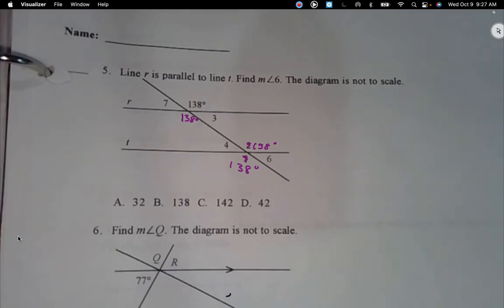Angle 6. It is not 138, so what does it have to be? 42. How did we get that? Because you subtract 138 from 180. Yeah, you subtract it from 180, and it's 42 degrees. So that's my answer, 42. Did everybody get that one? You had to know how that works. It skips around which ones you know. They're all gonna add up to 180. Like these 4 angles were 138. These 4 angles are 42. You just have to see that and know it at this point.